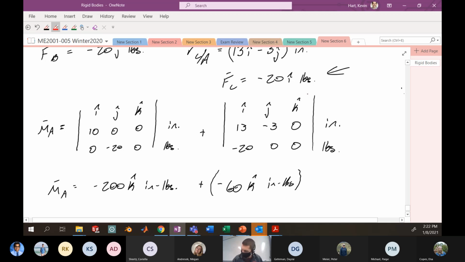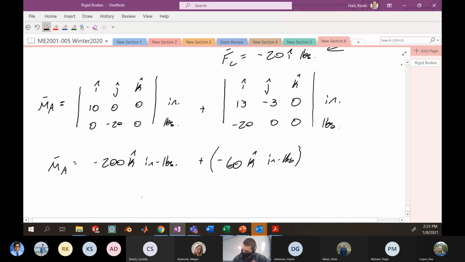I basically have like 3 negative signs when I go down into the left here, so it's going to ultimately result in a negative. All right, so all said and done, my moment at A from the two forces there, -260 inch pounds k hat.